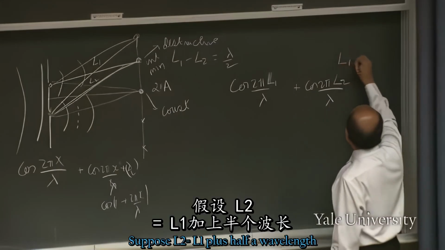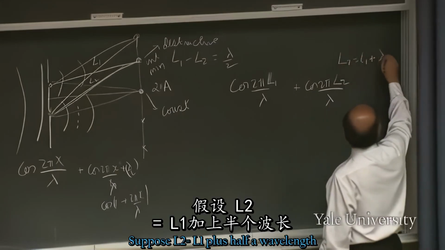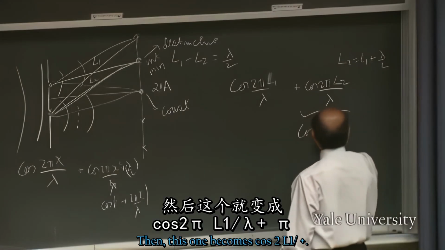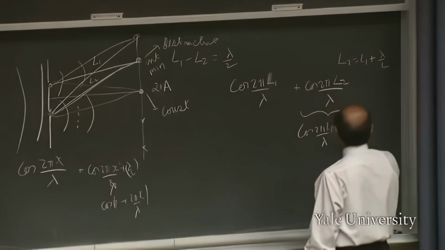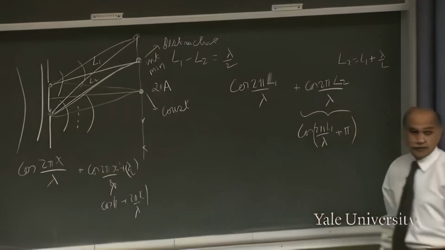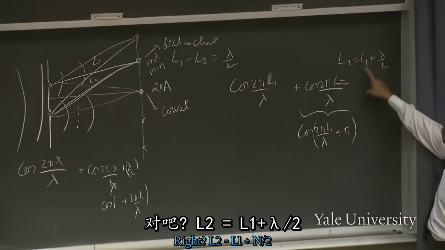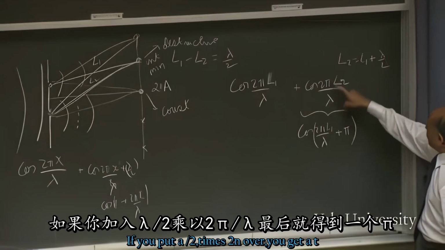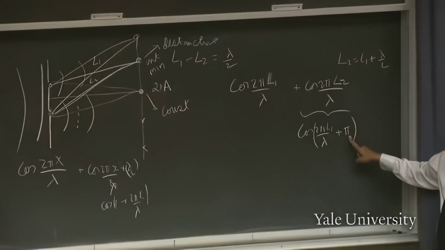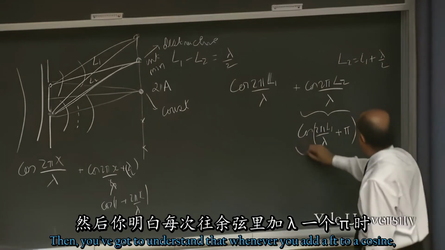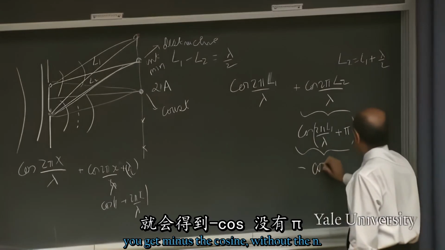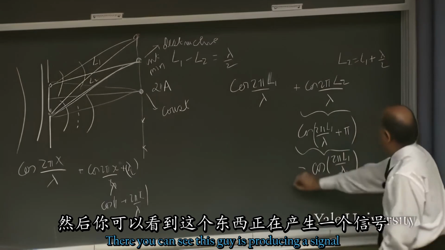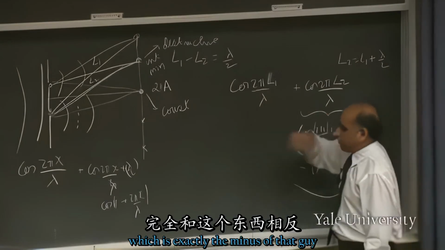Suppose L2 is equal to L1 plus half a wavelength. Then this one becomes cosine 2 pi L1 over lambda plus pi. Right? L2 is L1 plus lambda over 2. If you put a lambda over 2 times 2 pi over lambda, you get a pi. Then you got to understand that whenever you add a pi to a cosine, you get minus the cosine without the pi. Then you can see this guy is producing a signal which is exactly the minus of that guy.